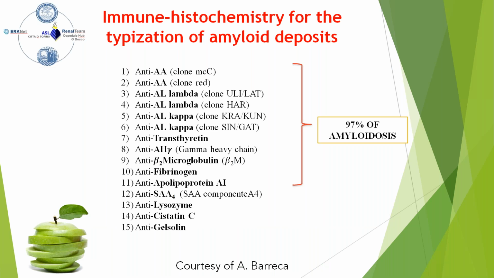Quite recently, the group studying renal amyloidosis from Heidelberg introduced and made available to all the world some very specific antibodies that can be used to perform immunohistochemical analysis also on specimens fixed with formalin.